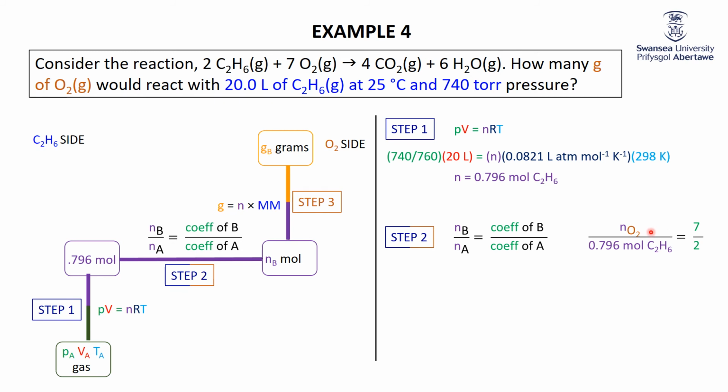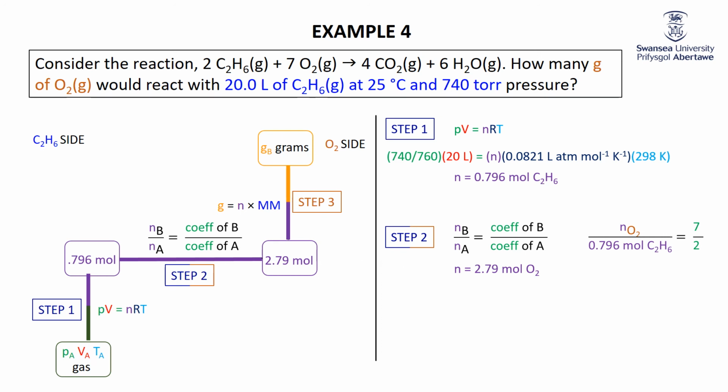B, the unknown, is O2, the coefficient of O2 is 7. A, the known, C2H6, we know we've got 0.796 moles of C2H6 and the coefficient of C2H6 is 2. Punch that in your calculator and we get 2.79 moles of O2.